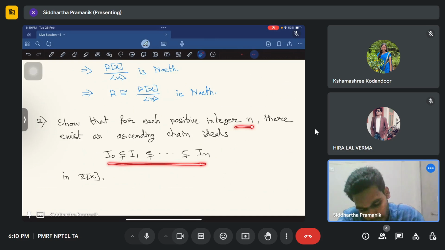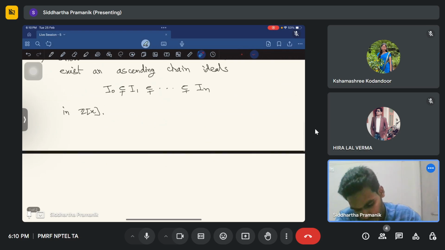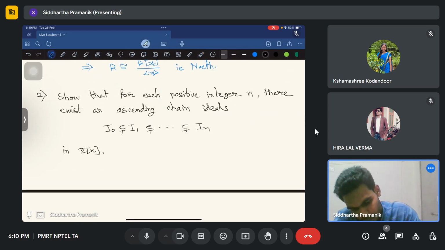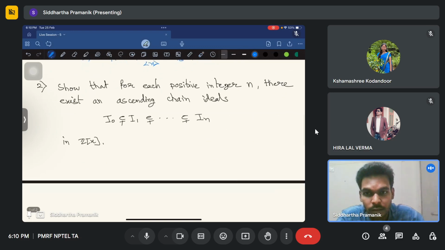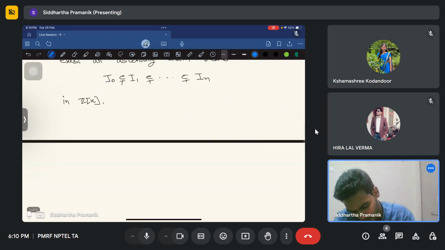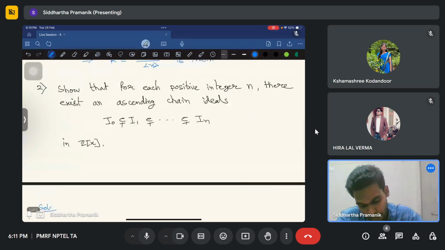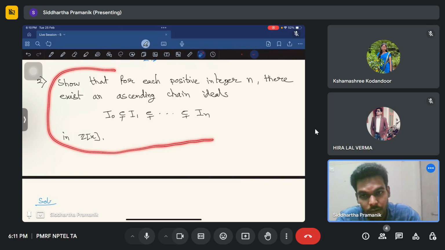This n can be very large, but there exists an ascending chain of length n. So can you construct an ascending chain of ideals which satisfies this property? Did you understand this statement?